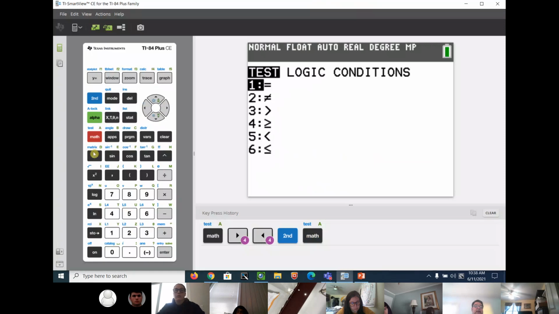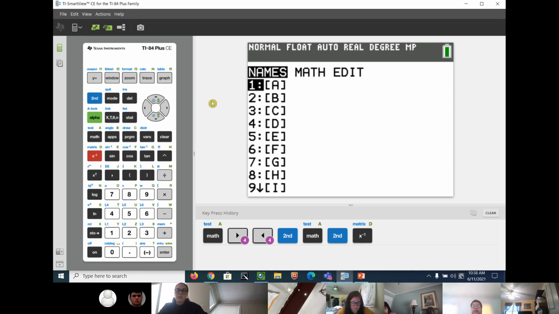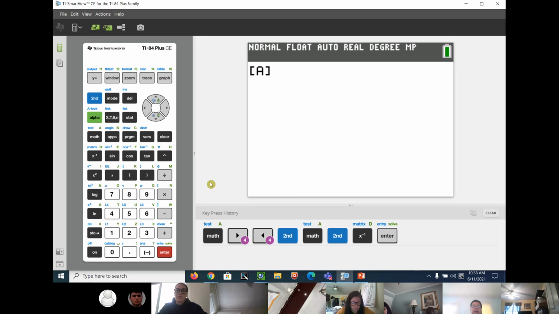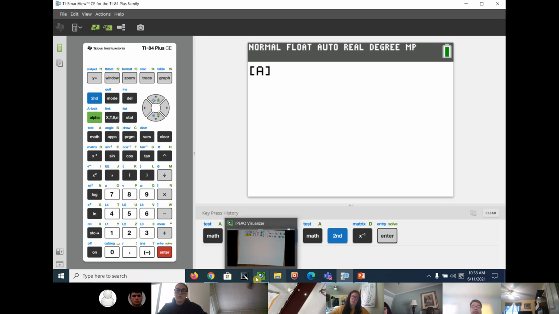Can y'all believe that? I looked all over that keyboard, and I thought there was a matrix key, and there it is right there. So second matrix. There we go. And call it A. And I think you have to actually type in after that what size it is. So let me go back and look.